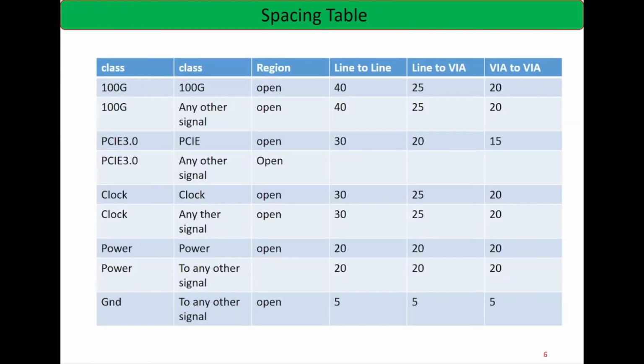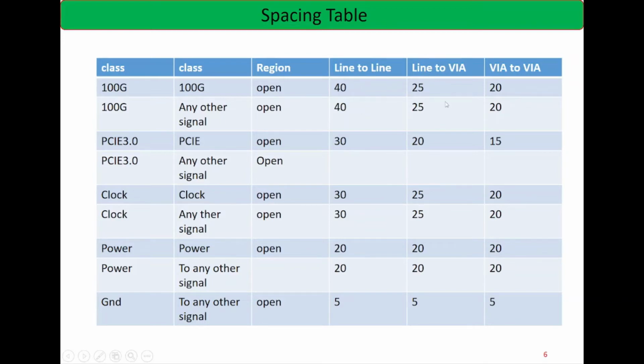Suppose it starts with 100G signal. Between 100G signal and 200G signal, what should be the spacing? This is the region, meaning open region, at any place on the PCB. Again, line to line, like we have a transmission line or trace, what should be the spacing?